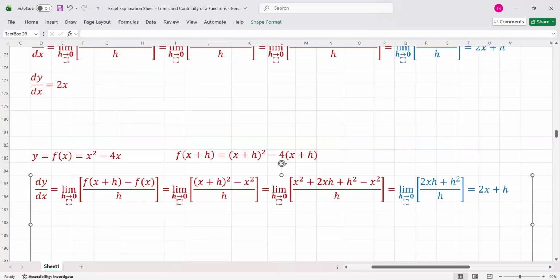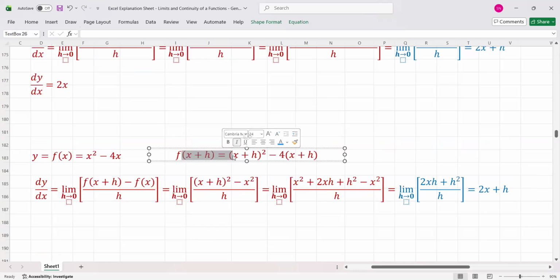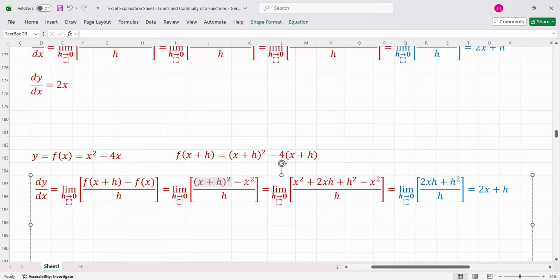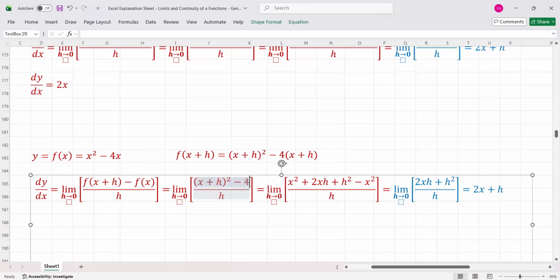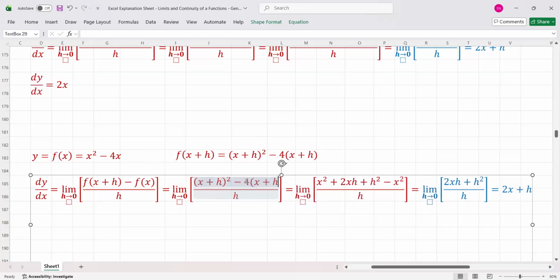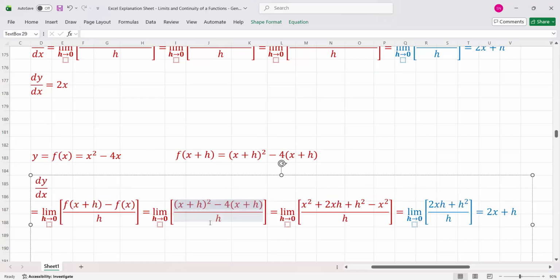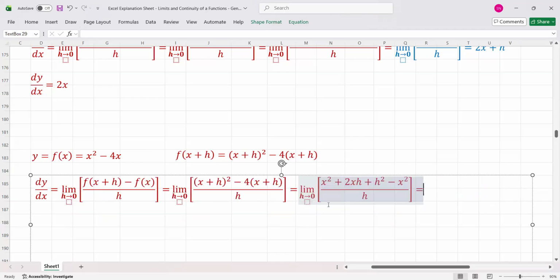So my original f of x plus h is going to be this x squared that I have here. So here, I'm going to get x plus h all squared minus 4 into bracket x plus h. Okay. All this divided by h.